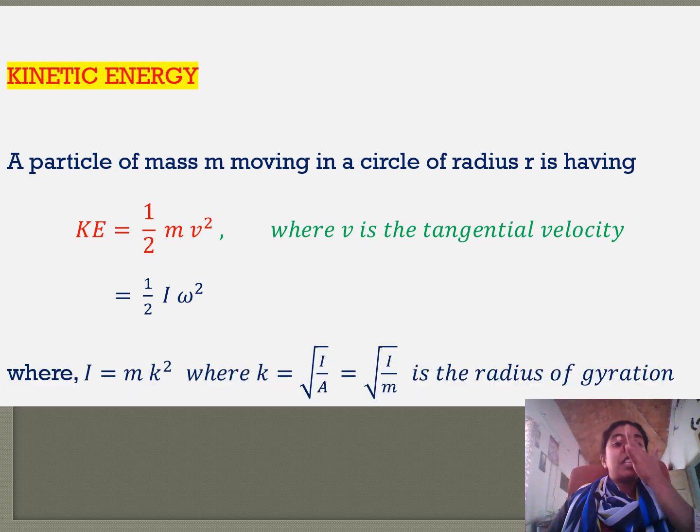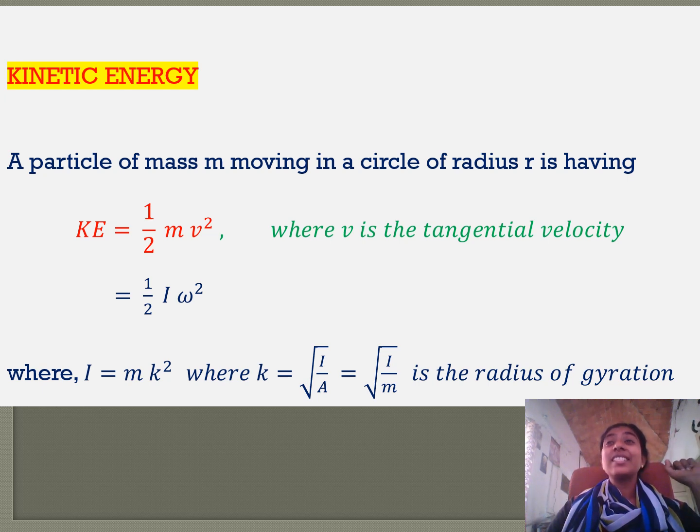Now, we have studied in our third module, while studying center of gravity, moment of inertia and mass moment of inertia, the relationship between I and K, the radius of gyration. Radius of gyration is equal to root of I by A for area moment of inertia.